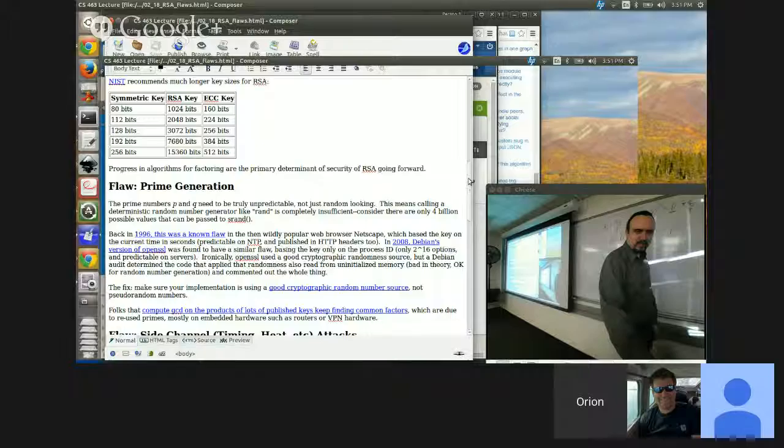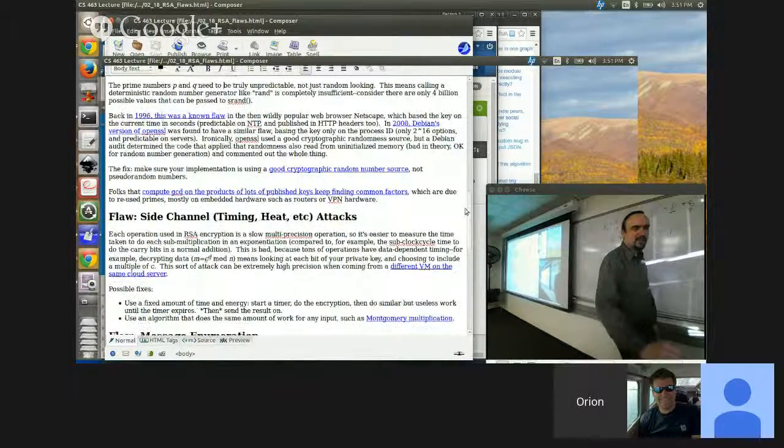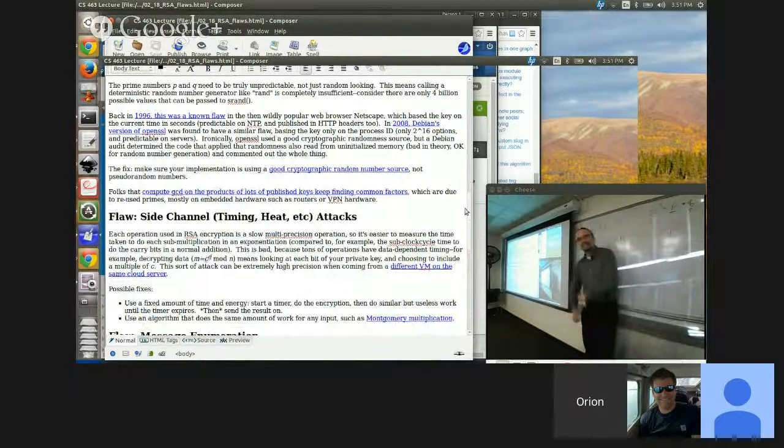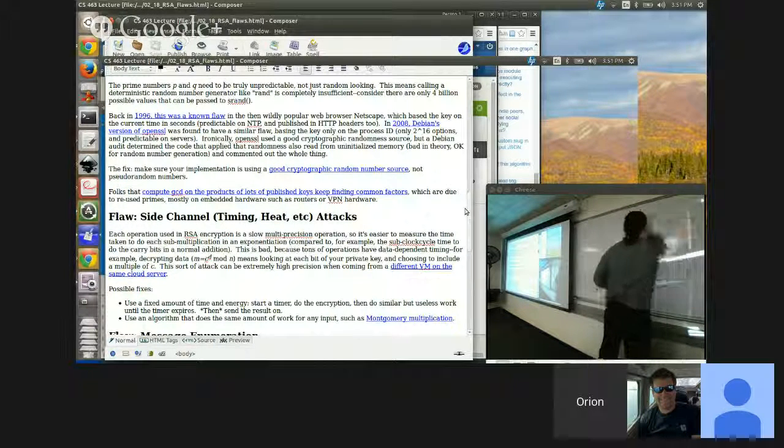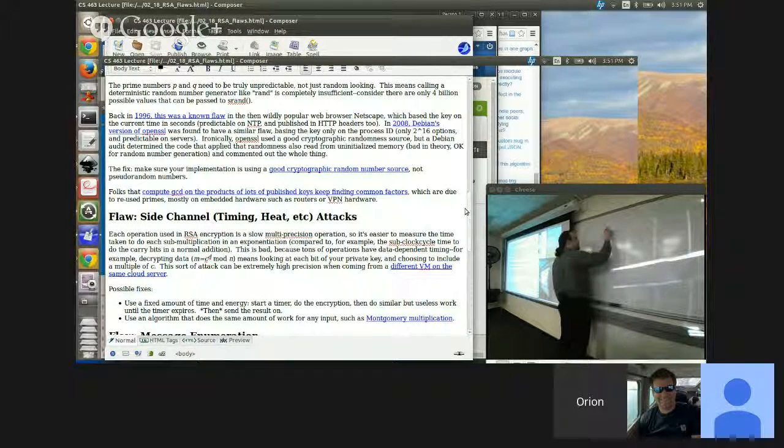So other bad ones. The side channel is actually extremely frustrating, because if I'm computing exponentiation, to encrypt, or to sign, or to decrypt m, I raise m to the d mod n.